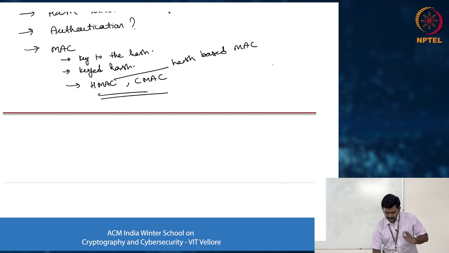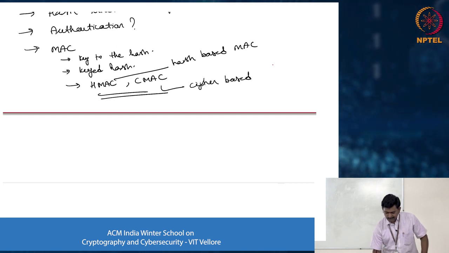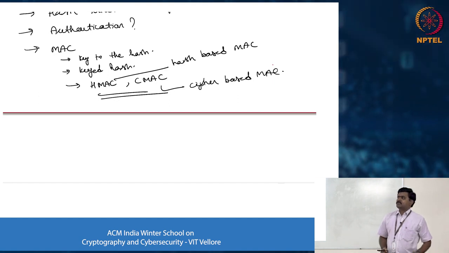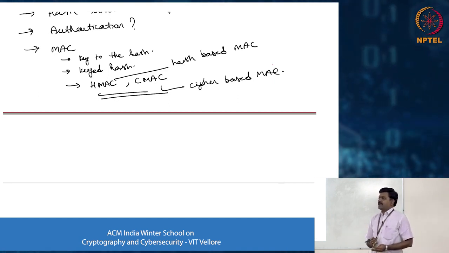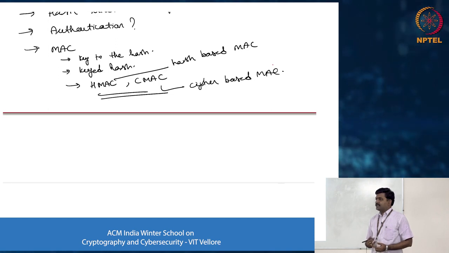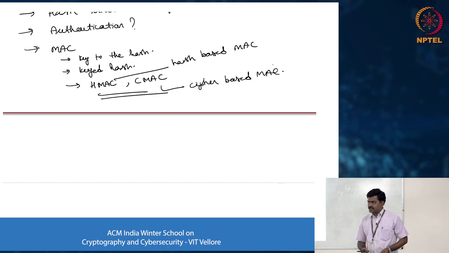Hash-based MAC, this is cipher-based MAC. So we have seen that hashes have helped us to check the integrity. MAC codes have also helped us to check the authentication, right?